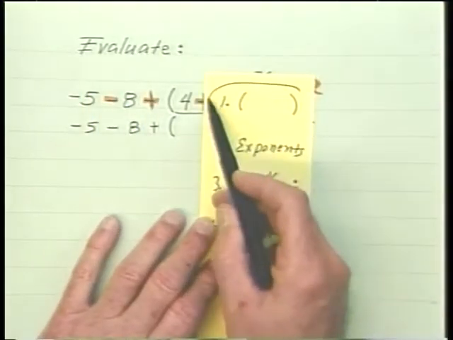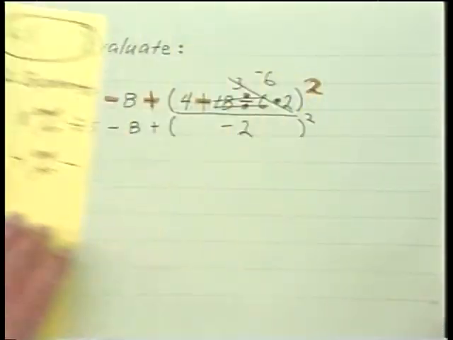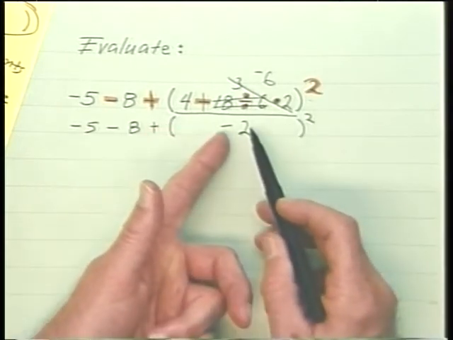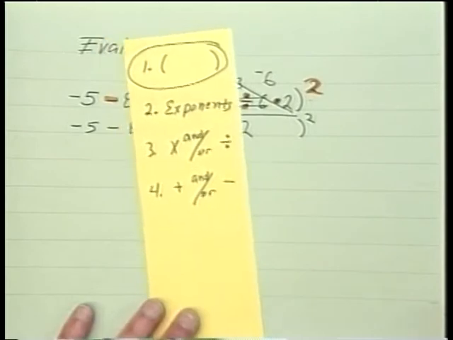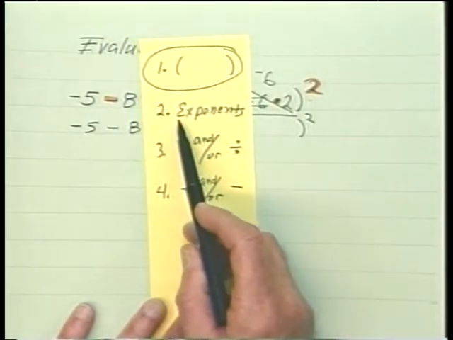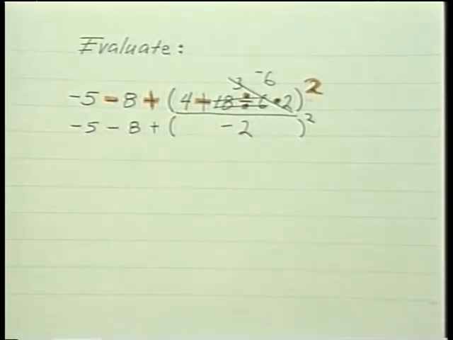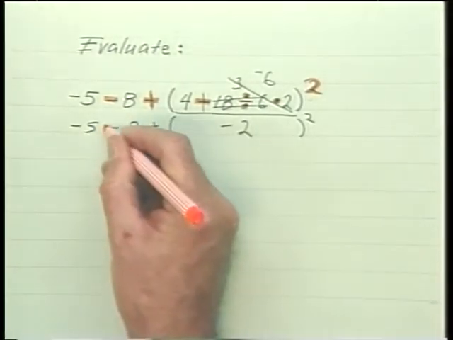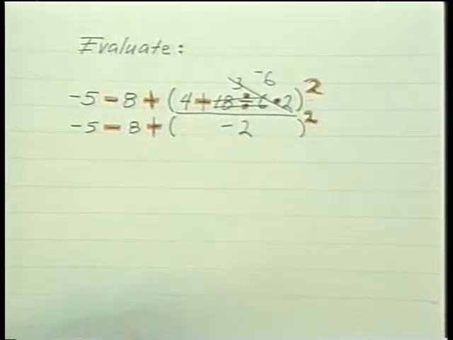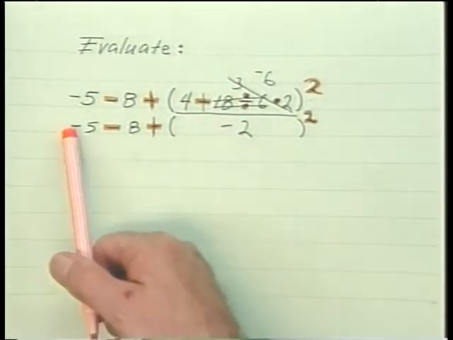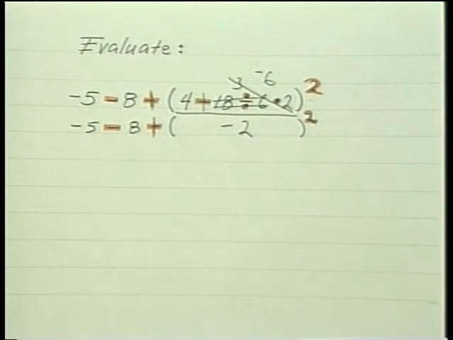So we have done inside the parentheses until it's evaluated to a single constant. Now back to our order of operation, we look for exponents. Okay, again, always concentrating on operations and not numbers nor their signs, just operations.